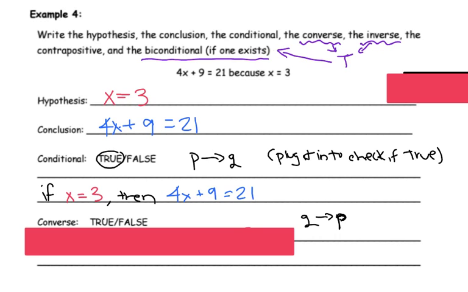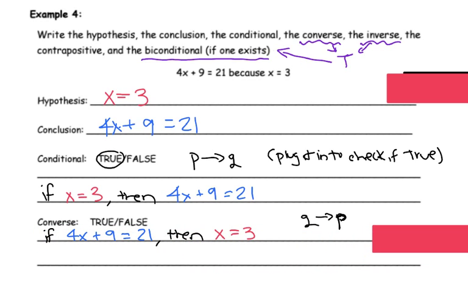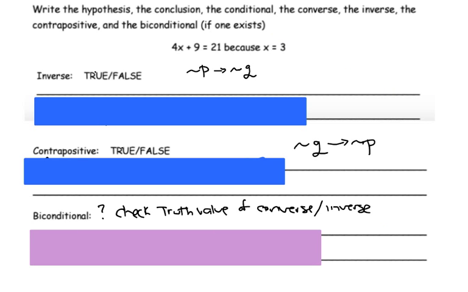All right, now the converse. Remember the converse, we switch the order of the hypothesis and our conclusion. We just switch the order. So it would state, if 4x plus 9 equals 21, then x equals 3. Well, what do you think? True or false? That statement would have to also be true. All right? Now let's write the inverse.